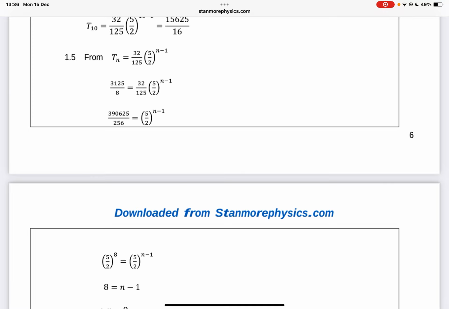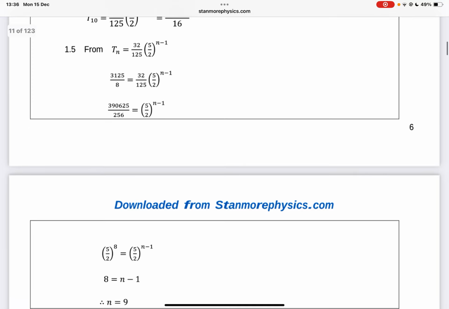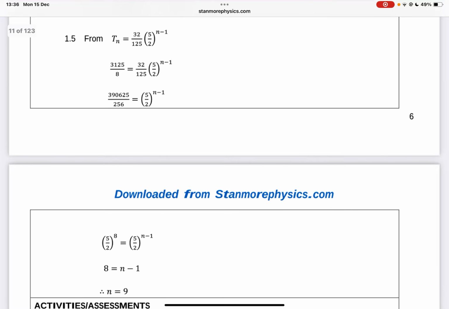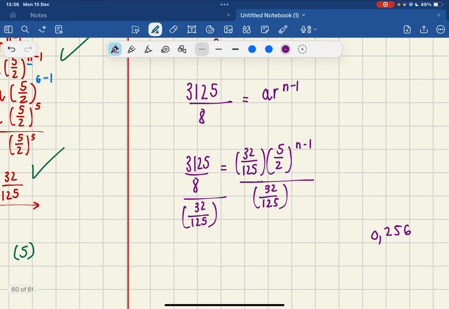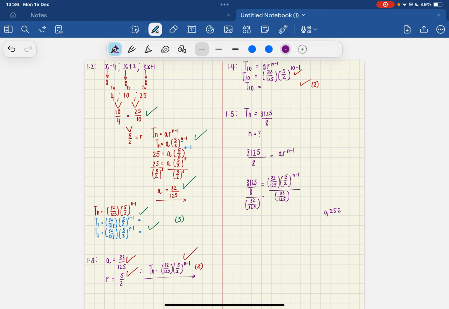And when that was done, we used our laws of exponents, because this can be simplified to 5 over 2 to the power of 8 when using your calculator. And then we know that when the bases are the same, we can equate our exponents. So n minus 1 is equal to 8, and n is equal to 9. So I was on the right track, exactly, just the fact that I didn't have a calculator, boys and girls.